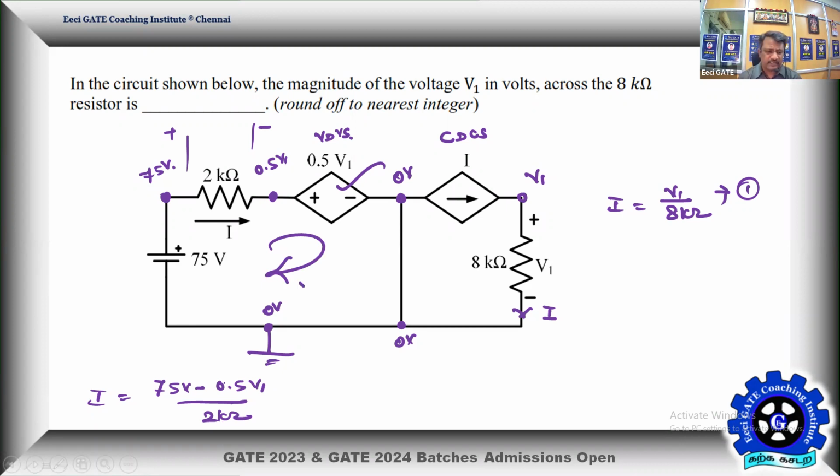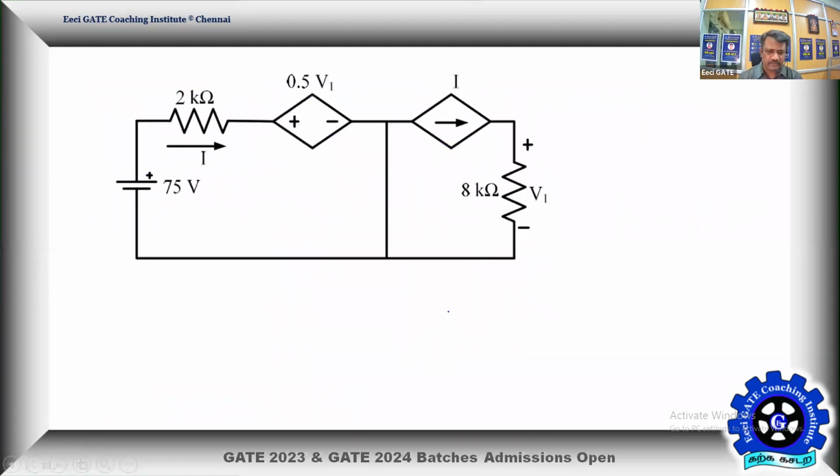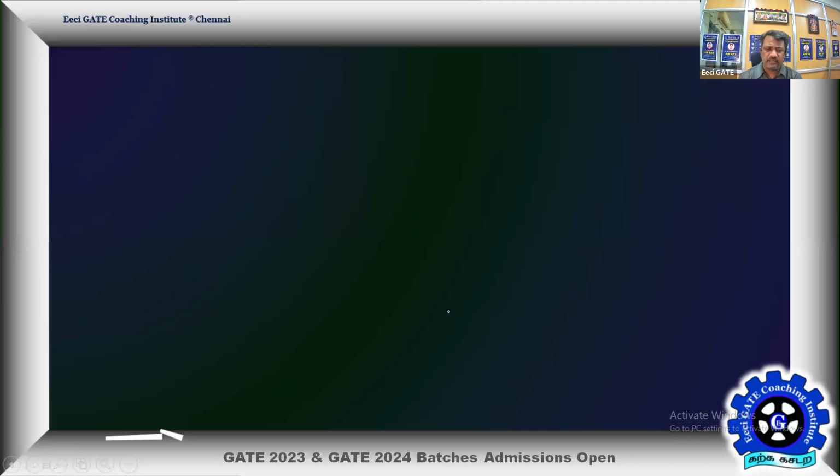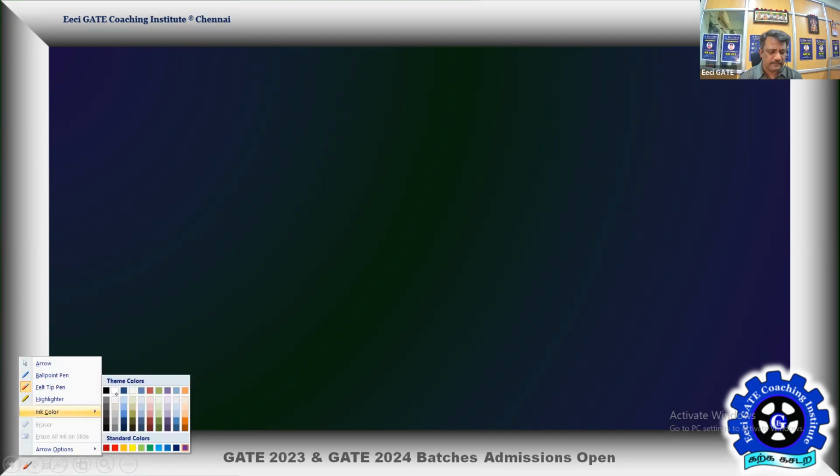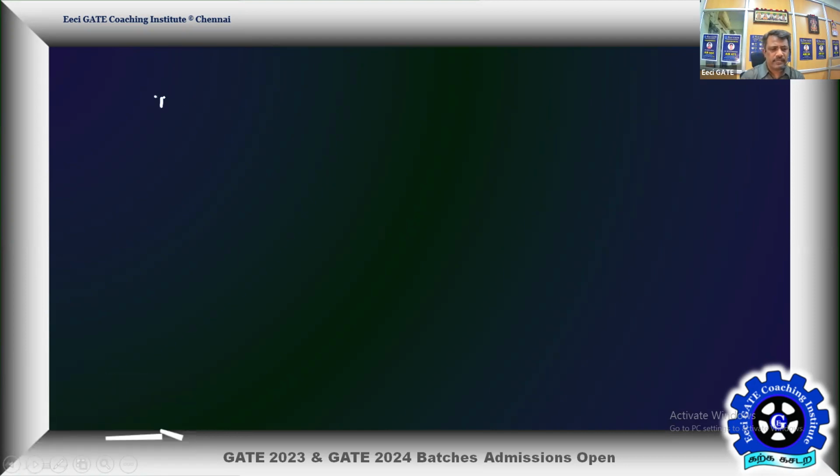Yes, now I got two expressions, functions of I and V1. So I'll do one thing. That's equation number 2. I'll replace in equation 2 the I which we obtained in equation 1. Okay, so this is I, this is also I, so 1 must be equal to 2. Both are having the same left hand side. So I'll use this for the verification. So what is known now is this. I is equal to V1 by 8 kilo ohm.